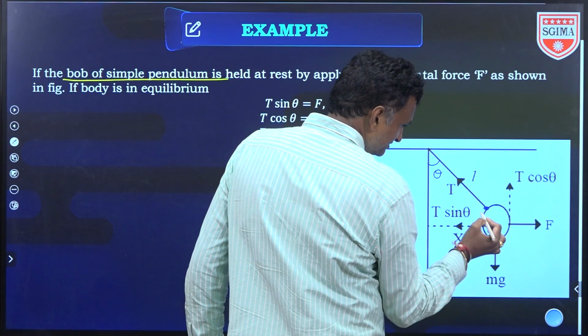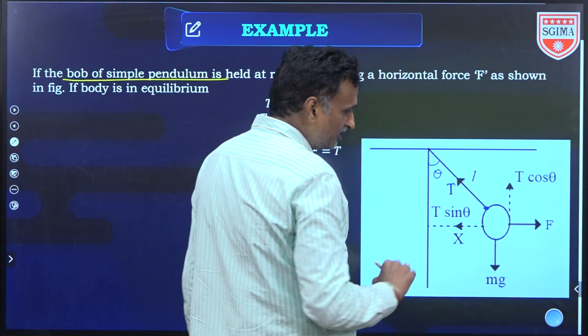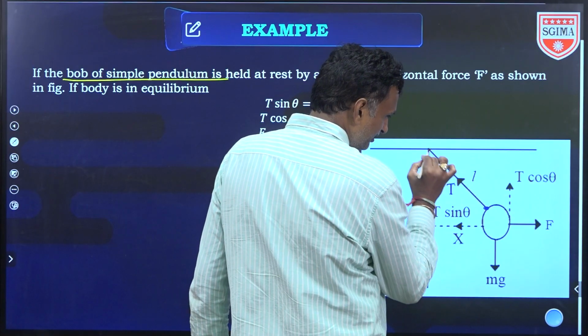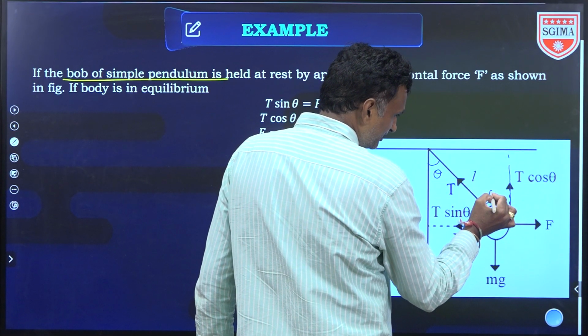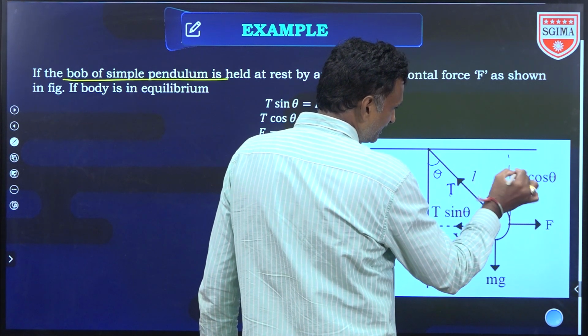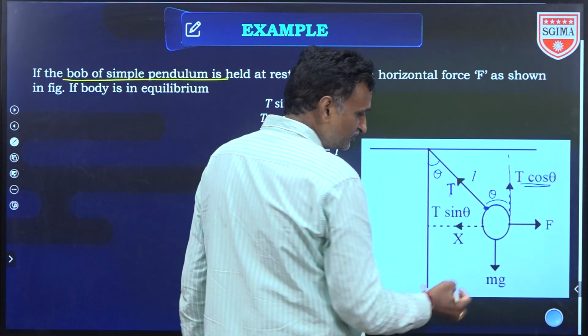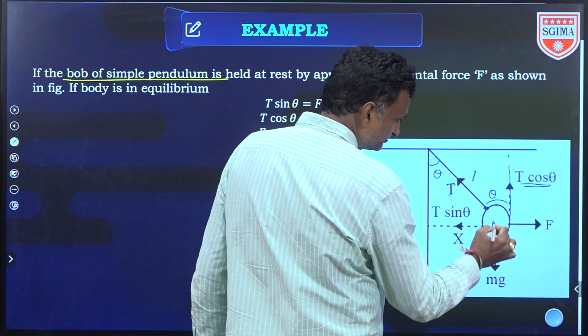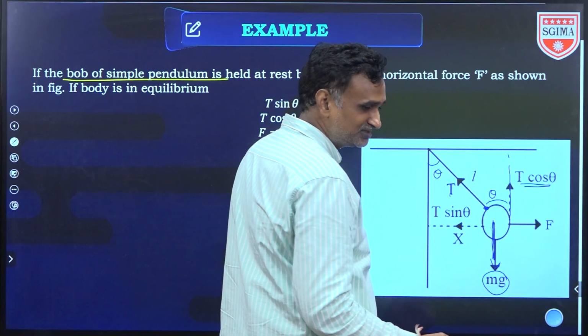If it is making an angle theta with the vertical, this is the point of contact, so away from the point of contact tension is going to act. It is a transversal for the parallel lines, so you can see this becomes theta. So T can be resolved: along this one is T cos theta, along this one is T sin theta, and the downward force is mg, if the mass of the bob is m.